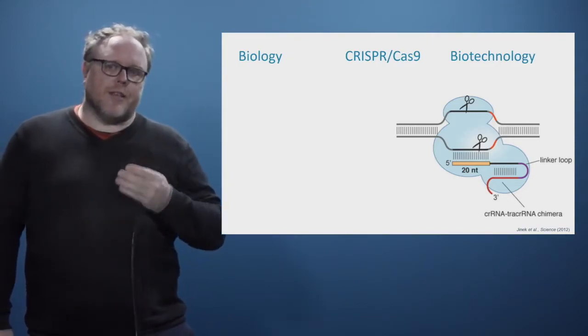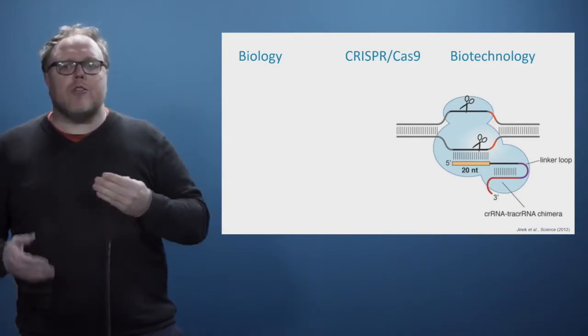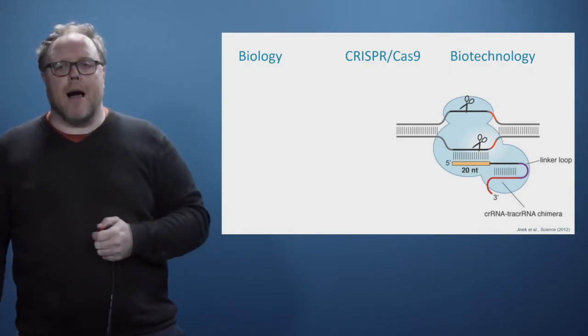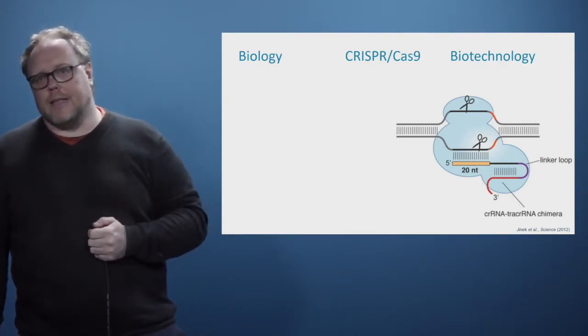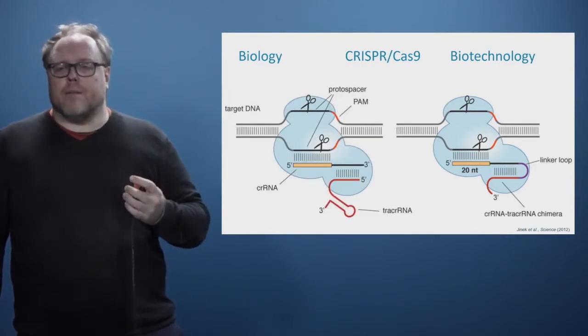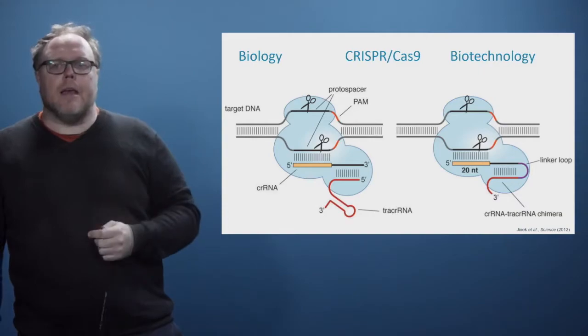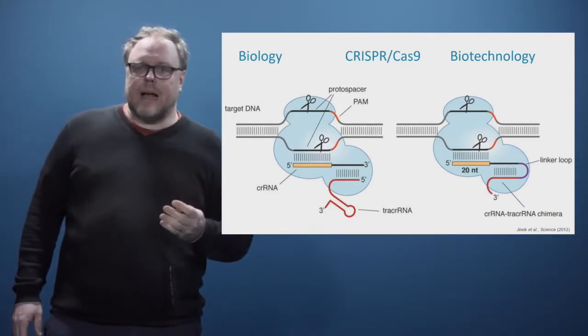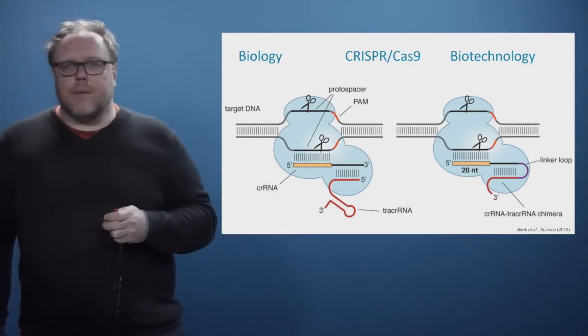So you may ask yourself, where is this coming from? What is actually the biology behind this CRISPR-Cas9 system? And actually, this is derived from bacteria, which carry this Cas9 molecule or other similar proteins.